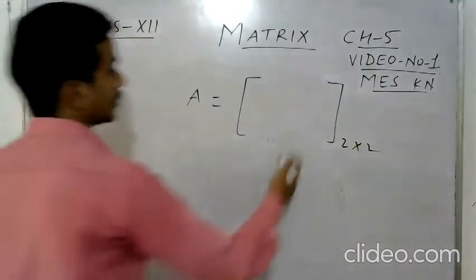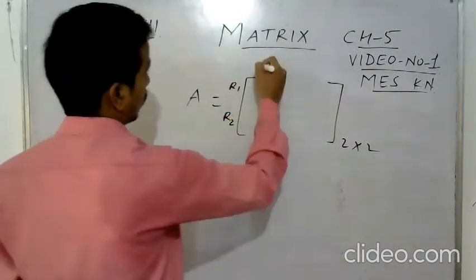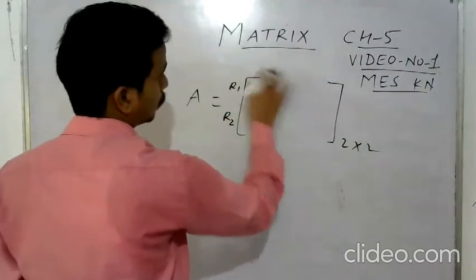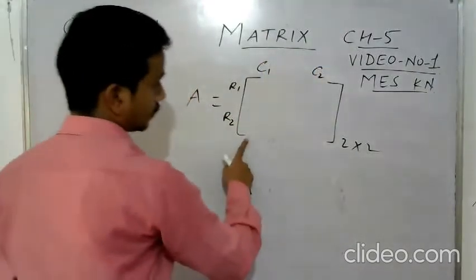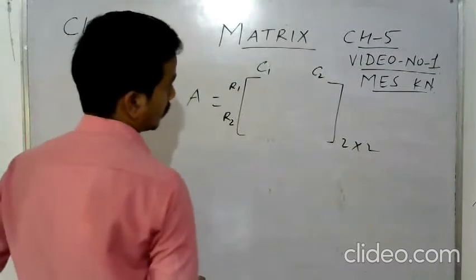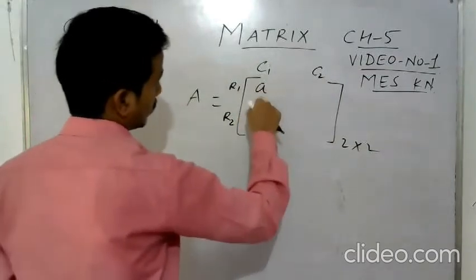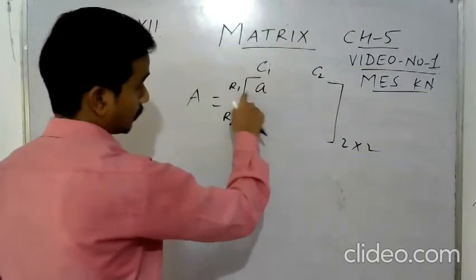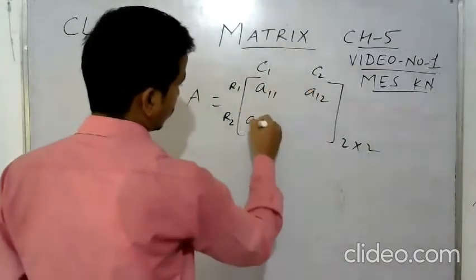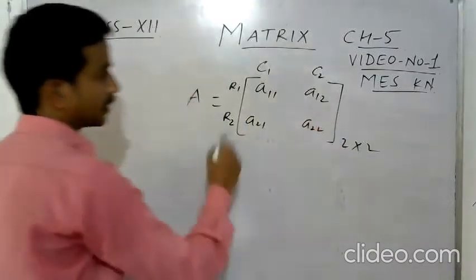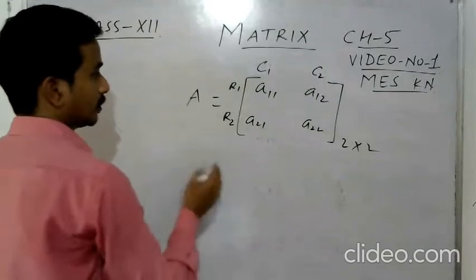So 2 by 2 means how many elements do we have? There are 2 rows, this is row 1, row 2, and we have 2 columns, column 1 and column 2. So how will we name the elements? The element of the first row and first column will be named A11, then A12, A21 and A22. So these are the 4 elements of this matrix.